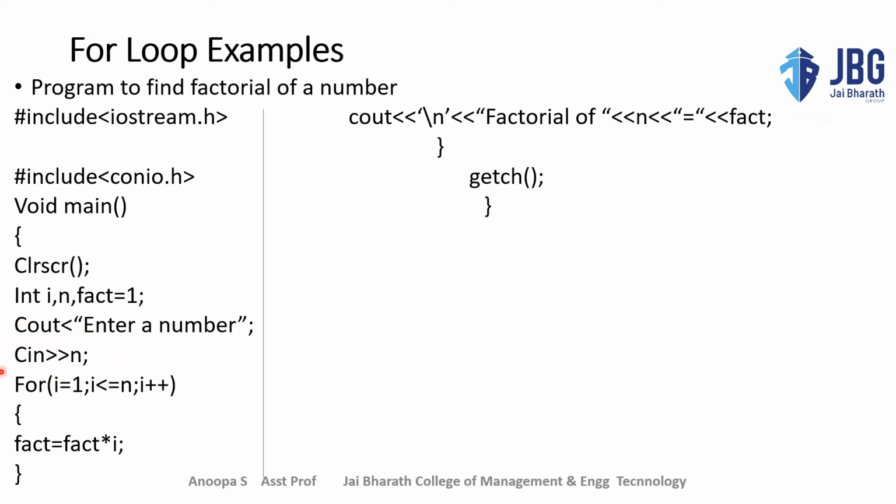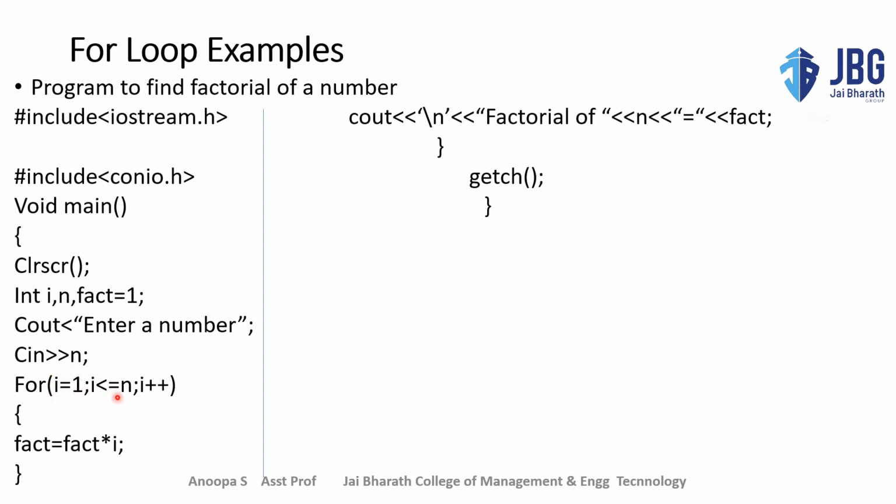Now see, this is our for loop. For i equal to 1, i less than or equal to n, i plus plus. This is the initialization expression, this is the test expression, and this is the update expression, and we have the loop body. The initialization expression is i equal to 1, so I am taking the loop control variable as 1.